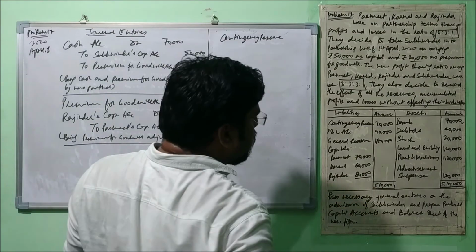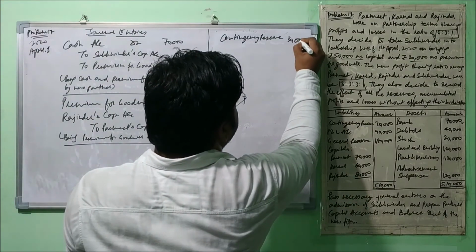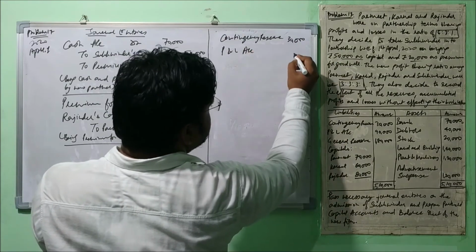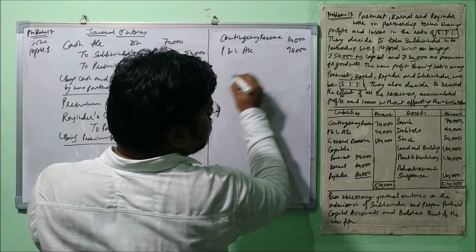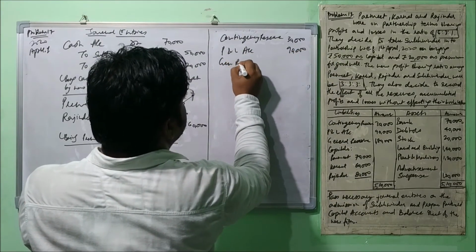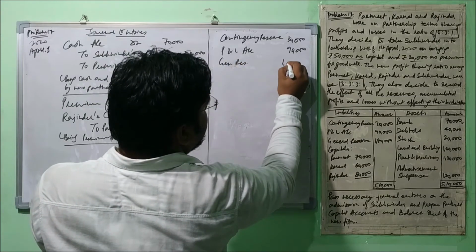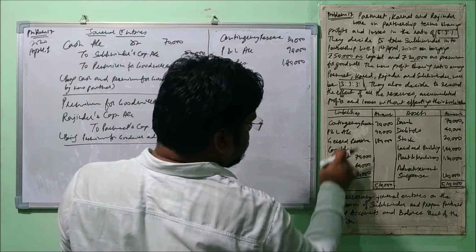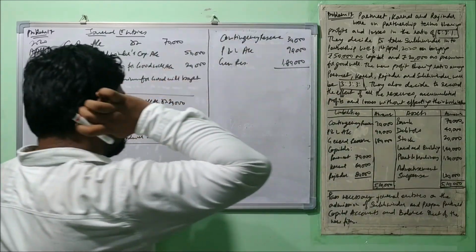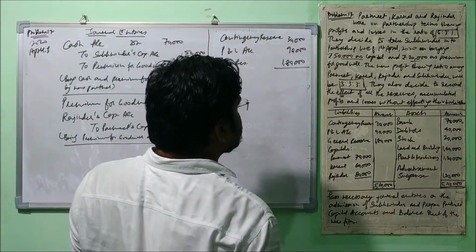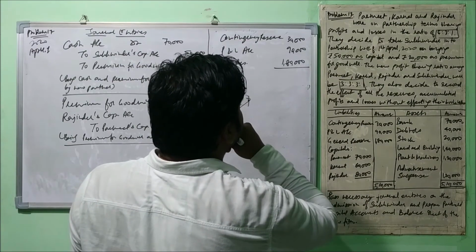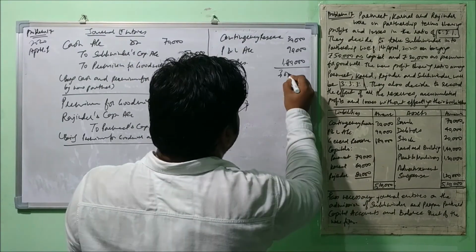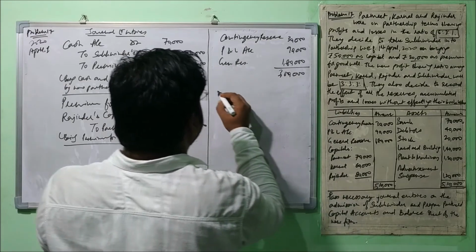Contingency reserve is 30,000, profit and loss account is 90,000, and general reserve is 1,80,000. So all these are positive. I told you that positives are added and losses, means negative, will be deducted. So very first let's calculate how much it comes out. That is 3 lakh.